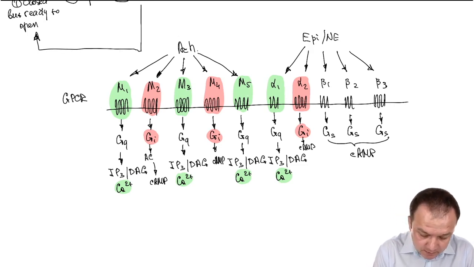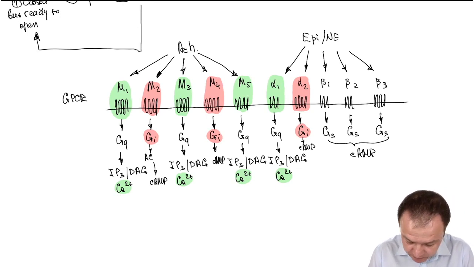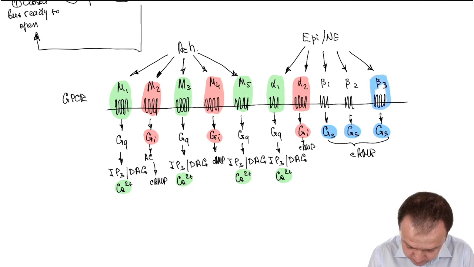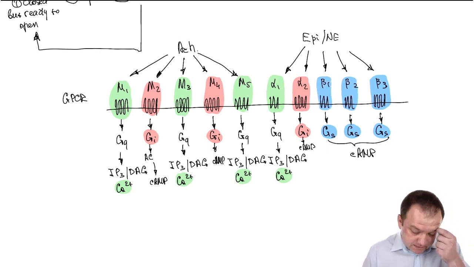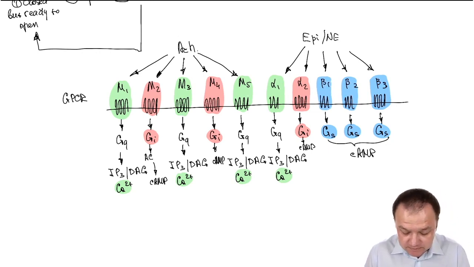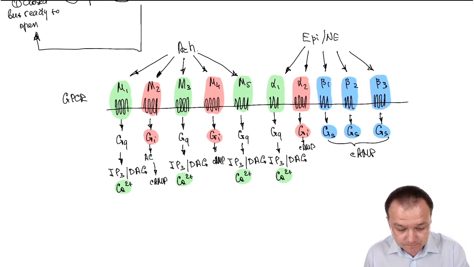And beta 1, beta 2, and beta 3 receptors couple with Gs, or stimulatory G protein. They stimulate activity of adenylate cyclase and increase the amount of cyclic adenosine monophosphate.